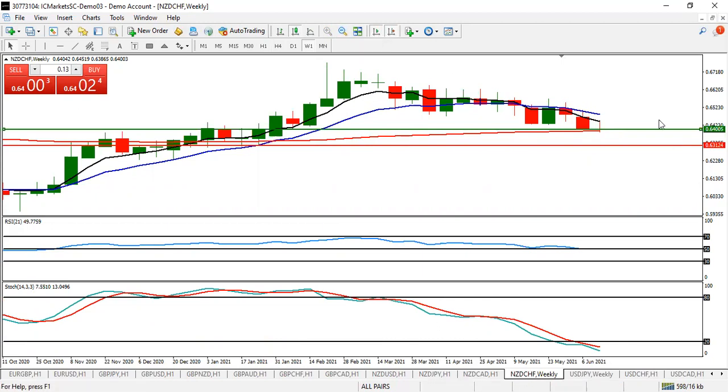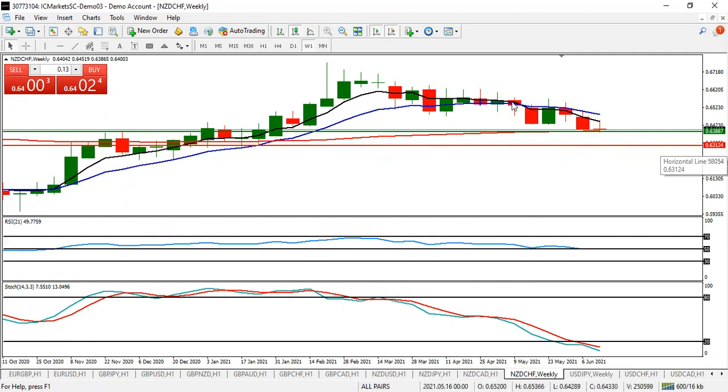So we want to be careful, but the rejection giving us an indecision candle tells us this may keep pushing down. If that happens, we expect it to drop down to 0.6312 during this coming week.